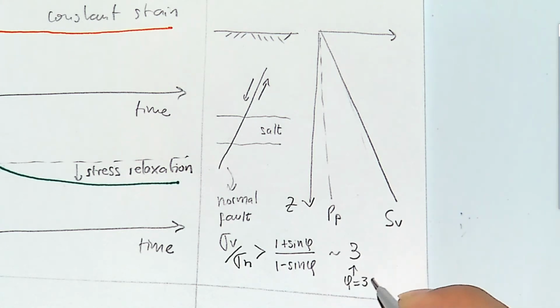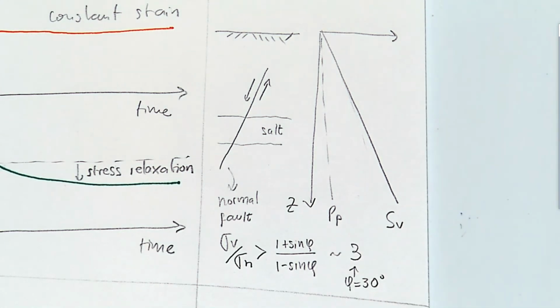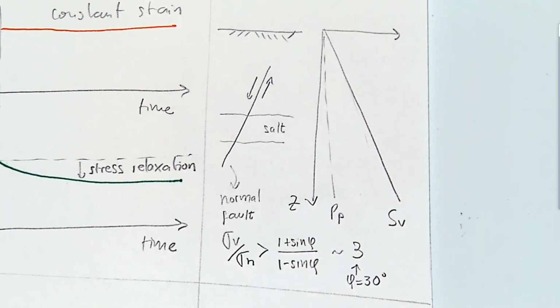So when the vertical effective stress is 3 times larger than the effective horizontal stress, you're going to get a normal fault.